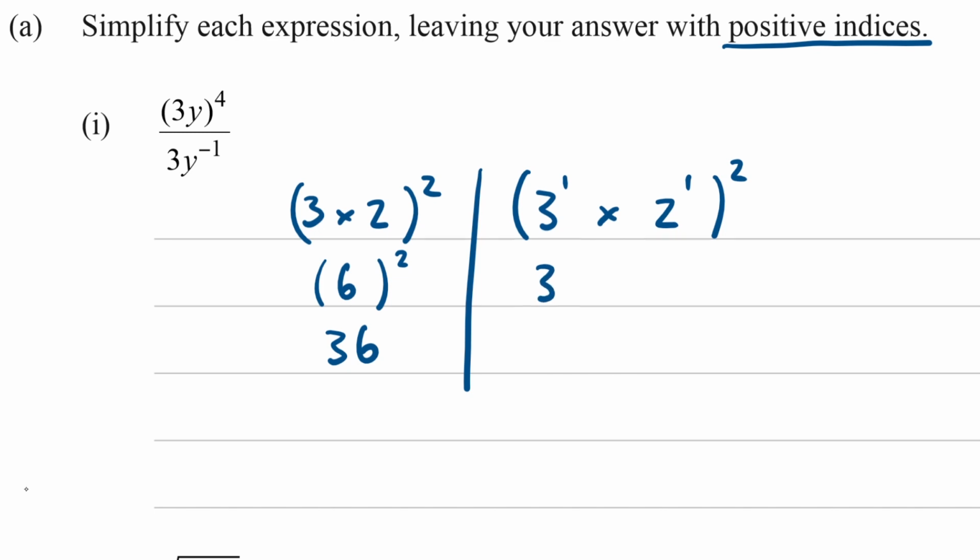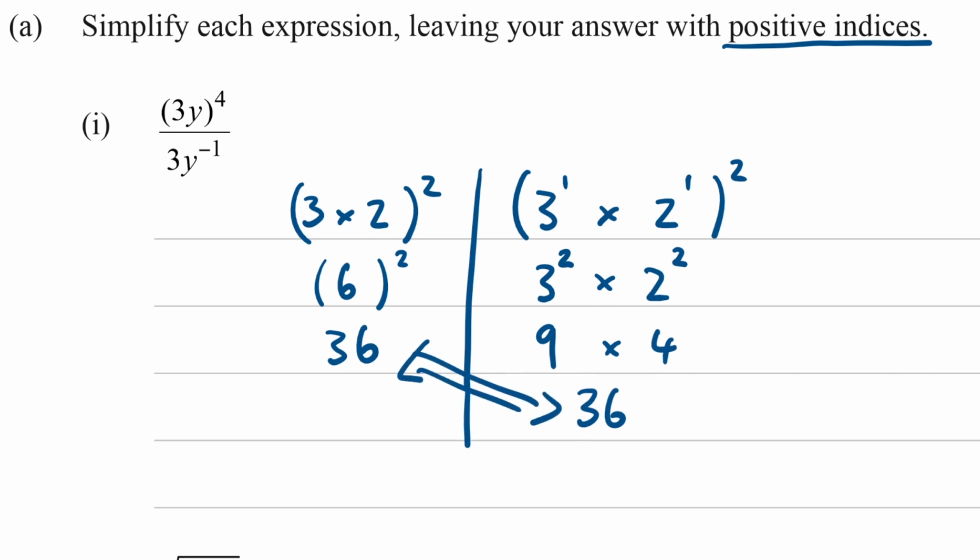So we're left with 3 to the power of 1 times 2, which is just 2, multiplied by 2 to the power of 1 times 2, which is also just 2. And now, using our basic maths, 3 squared is 9, times 2 squared is 4, 9 times 4 is 36. So these are two equivalent methods of simplifying this problem.